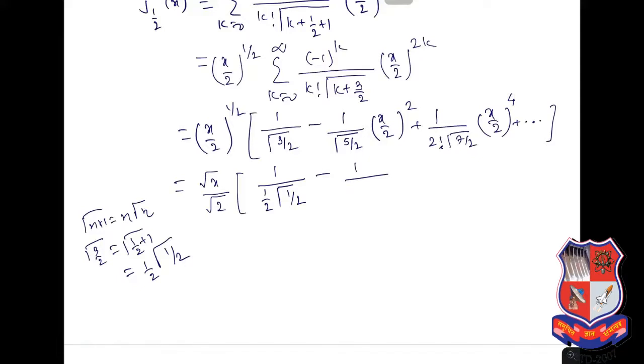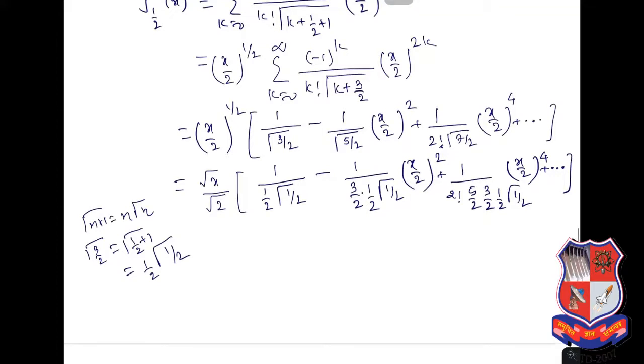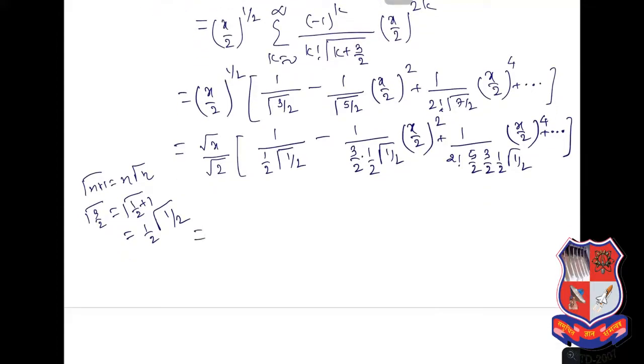Same way here 5 by 2, so then 3 by 2, then 1 by 2 and gamma 1 by 2. Same result, gamma n plus 1 we are using, and x by 2 power 2 plus 1 upon 2 factorial, that means 2. Now 7 by 2 gamma, so it is 5 by 2 gamma 5 by 2, then 3 by 2 gamma 3 by 2, and then 1 by 2 gamma 1 by 2, and x by 2 power 4 and so on.